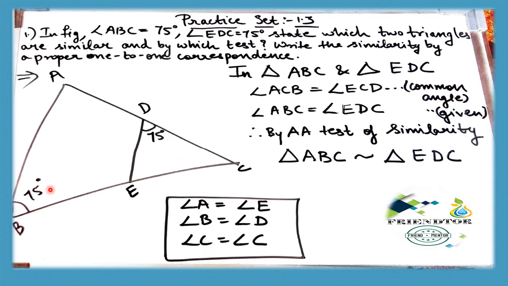Yes, B is equal to D and C is equal to C. So B corresponds to D and C corresponds to C. That means A has to correspond to E. So ABC is similar to EDC. This is how you make out the correspondence. When you have angles, when you have sides, accordingly you make out the correspondence with the ratios.